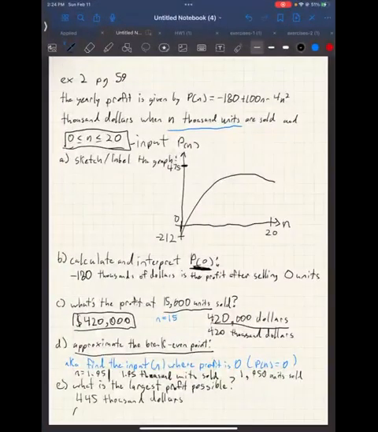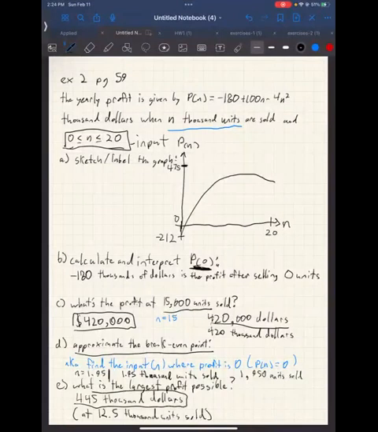So I'm going to add in parentheses here, because it didn't ask for it, at 12.5 thousand units sold. So that would be if they asked us when this happened. But in this case, they didn't. So in this case, this $445,000 is the complete answer. But they could also ask, when does this happen? And we would say at 12.5 thousand units sold.